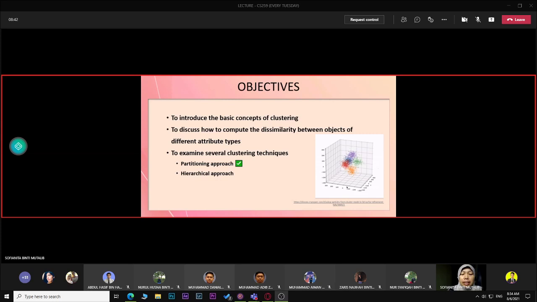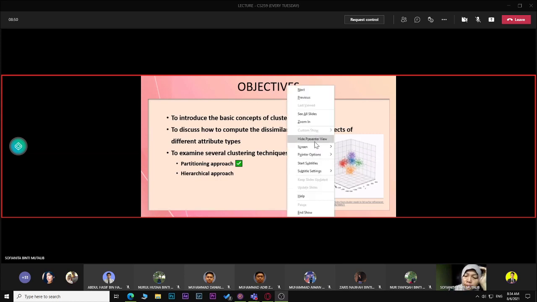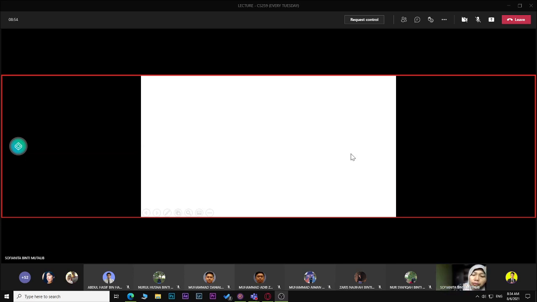And then we have gone through one of the algorithms. If we look at the dissimilarity, it is based on how we calculate the dissimilarity of the objects.